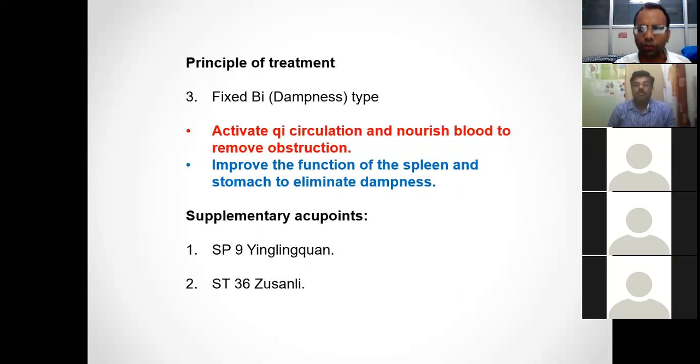You have to improve the function of the spleen and stomach to eliminate the dampness. It is said that dampness is created because of the spleen and stomach, so improve their functions and you get relief. The principal point is SP9 and stomach 36 is a supplementary acupuncture point. So along with principal and local points, you have to select SP9 and stomach 36.